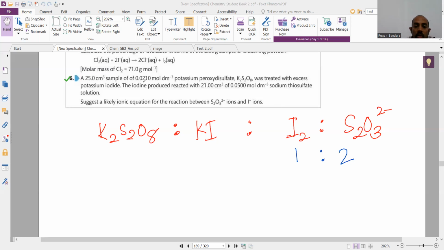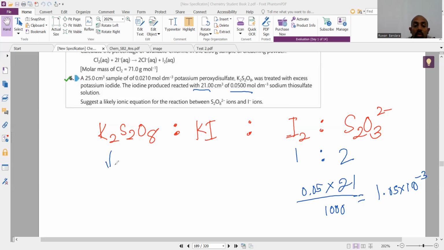So you can find the moles of thiosulphate. 21 into 10 to the power of minus 3.